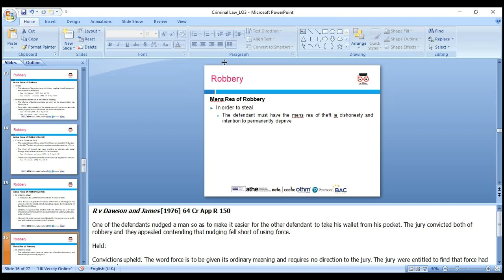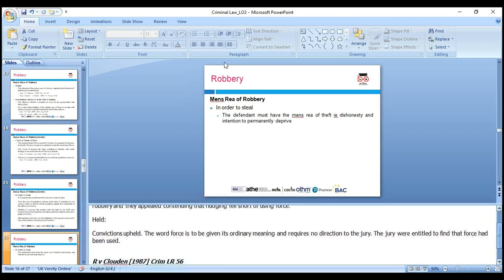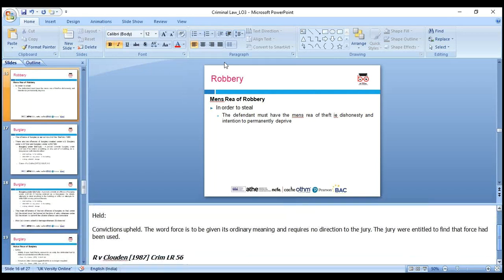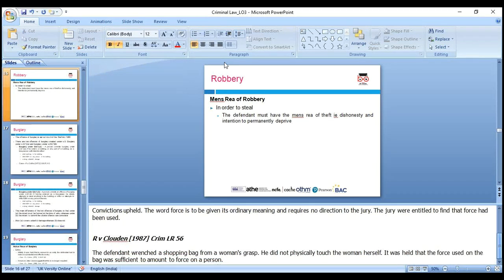The jury convicted both of robbery and they appealed, contending that the knocking fell short of using force. Held: the conviction stood. The word force is to be given its ordinary meaning and required no direction to the jury. The jury were entitled to find that force had been used.